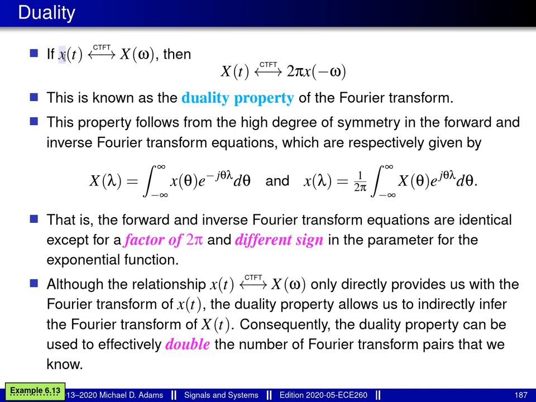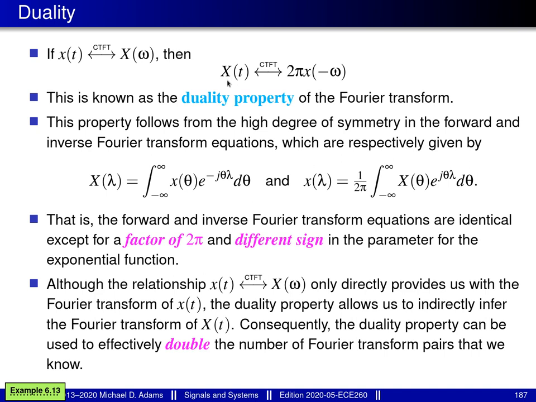What the duality property says is the following. If a function little x has the Fourier transform big X, then if we take the Fourier transform of big X, we get this particular Fourier transform given on the right-hand side of the double arrow. But notice that the thing that appears on the left side of the double arrow is big X, not little x.